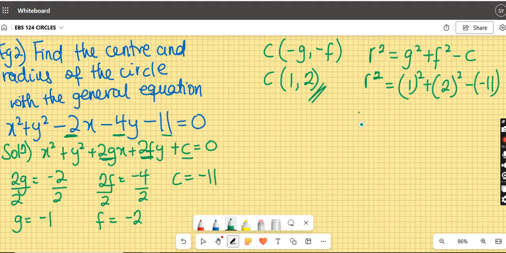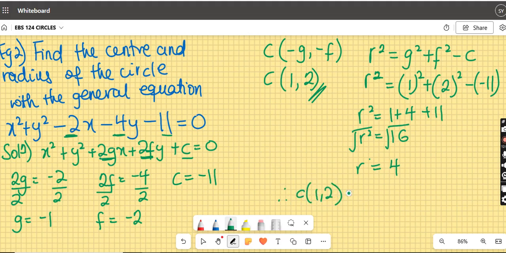So r squared is 1 plus 4, which is 5, plus 11, which is 16. If we find the square root of both sides, r will be 4. Therefore, our center is 1, 2, and our radius is 4 units.